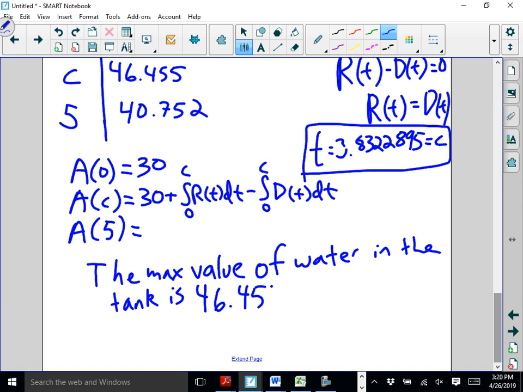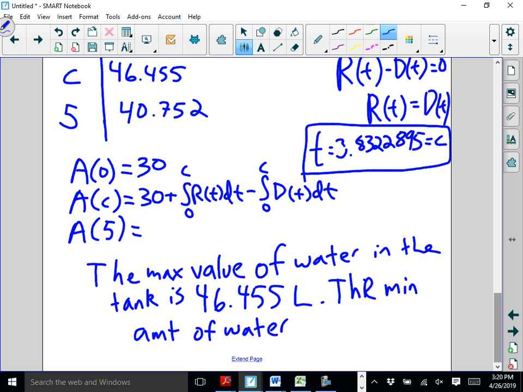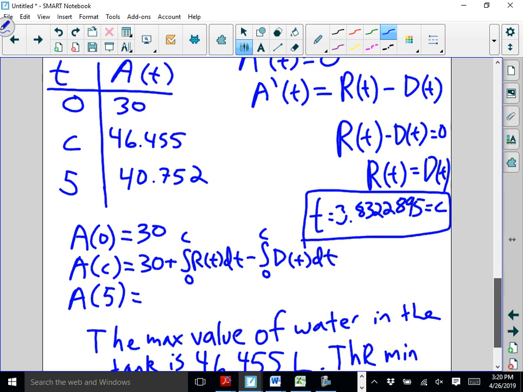The minimum amount of water would be what, 30? Yeah. This is my max. This is my minimum. So the minimum occurred at the initial condition and is 30 liters.